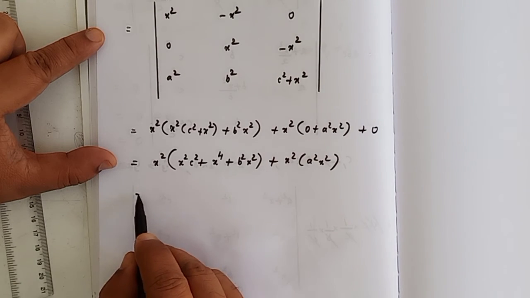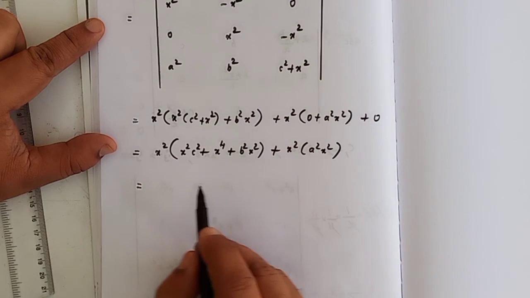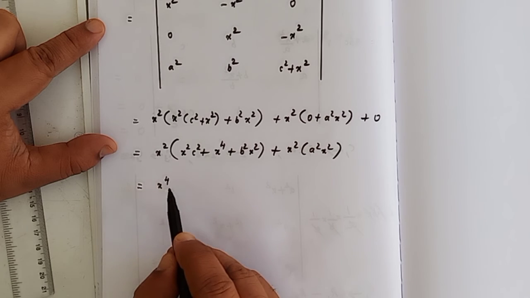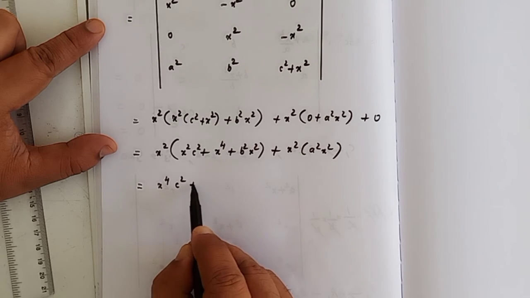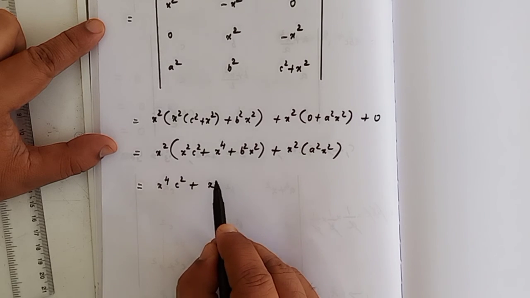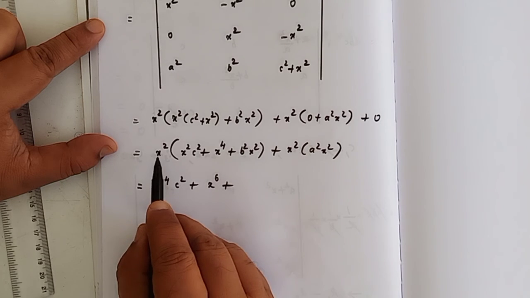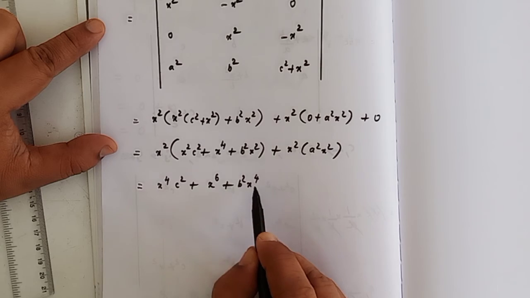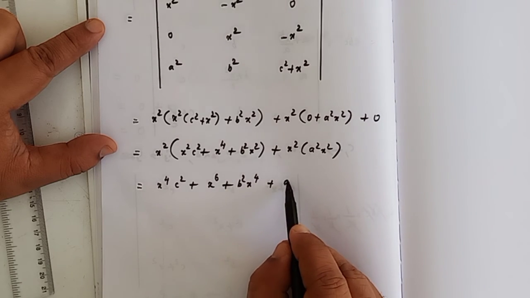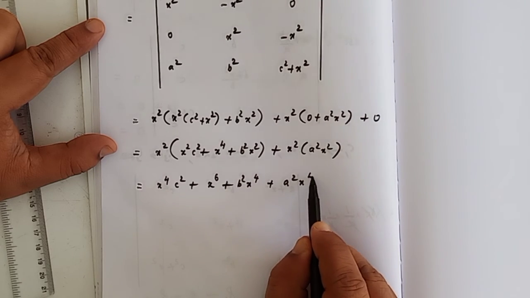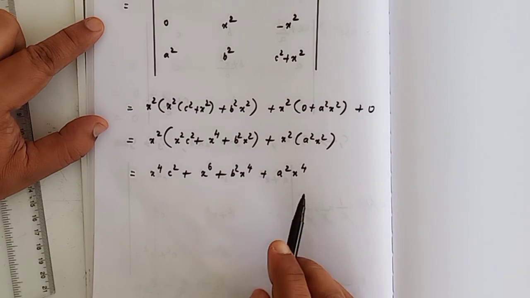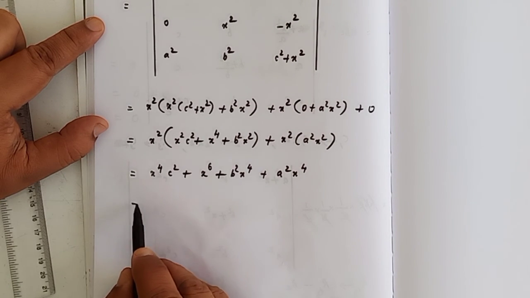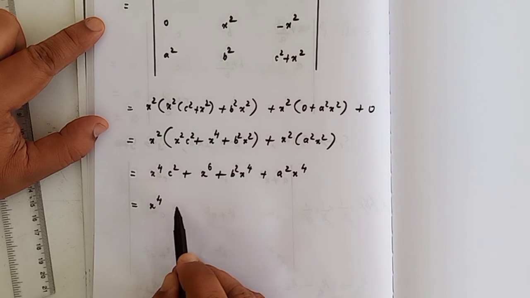Okay, that is equal to, we can multiply now: x squared into x squared, that is x power 4 into c squared; x squared into x power 4 is x power 6; x power 4 b squared; x power 4 a squared. So here x power 4, x power 6, x power 4. We can take only x power 4 as common.